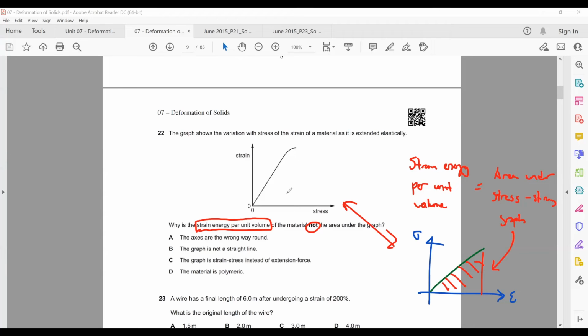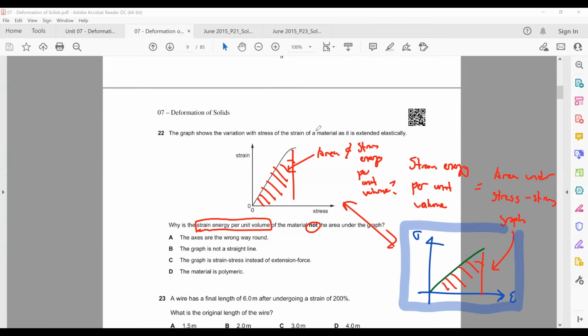The question is saying that the area under this graph now, why is it not the same as strain energy per unit volume? Notice that the only thing different between this graph and this graph is actually in terms of the axis.